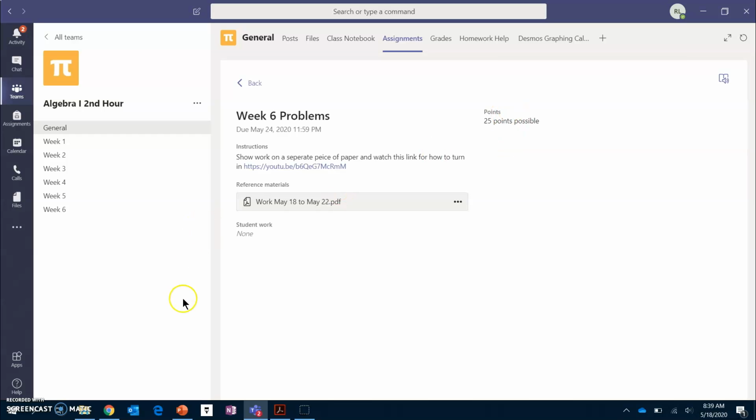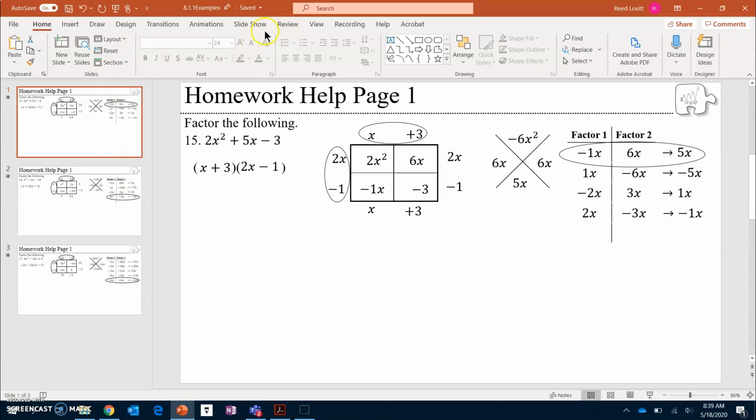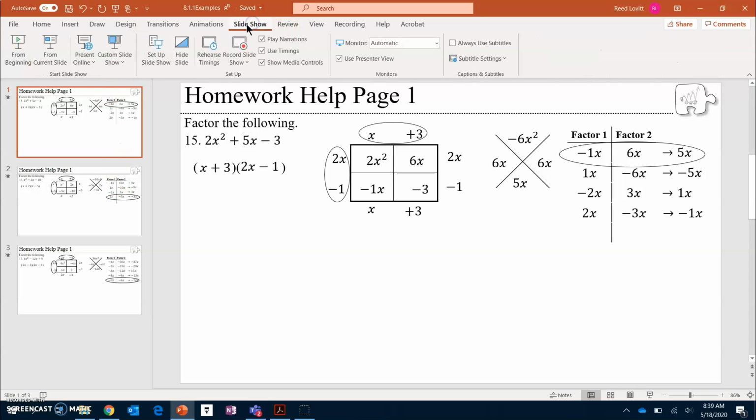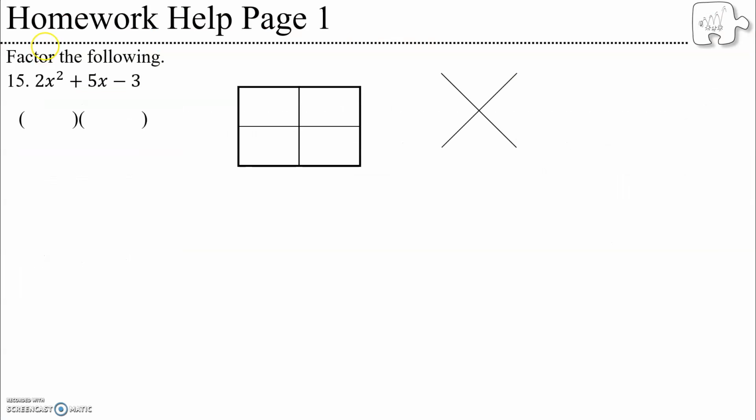All right, now to get started on the homework help. First off, we're on page 1, working on problem 15. Every problem needs our generic rectangle and our diamond.